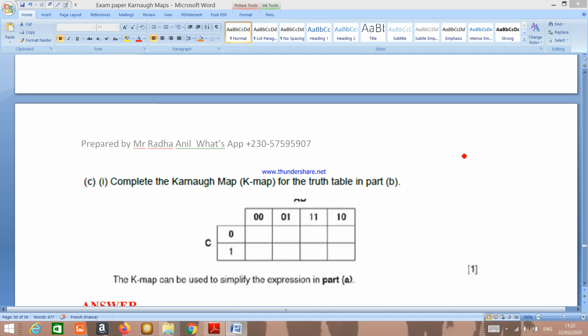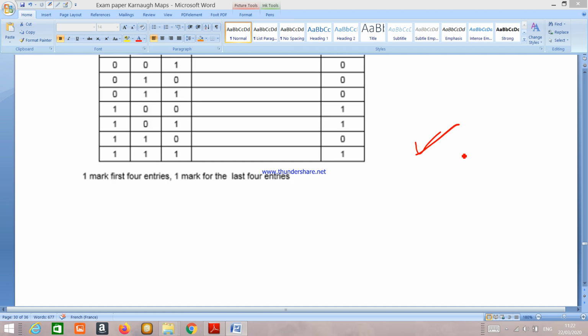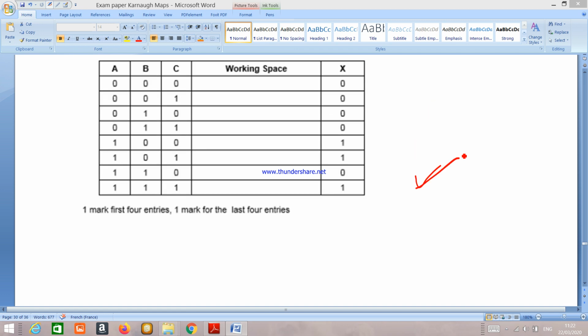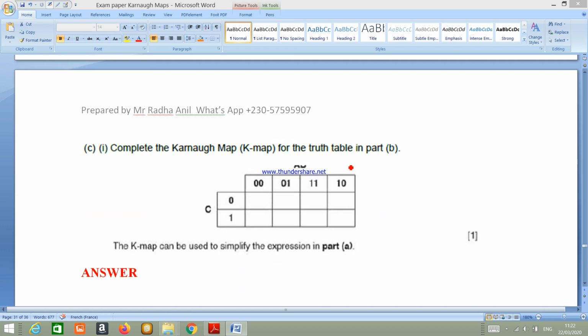Now, one thing we can have a look at. Okay, when you work this out, you get this answer. Now here I'm going to draw using the truth table. I'm going to draw the Karnaugh map. Okay, and I draw the Karnaugh map.